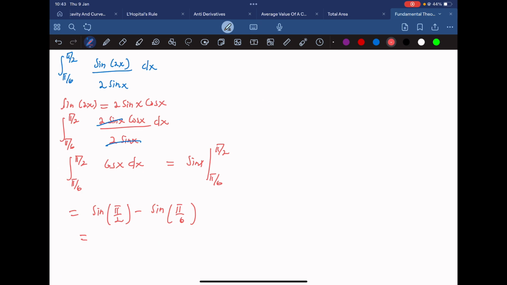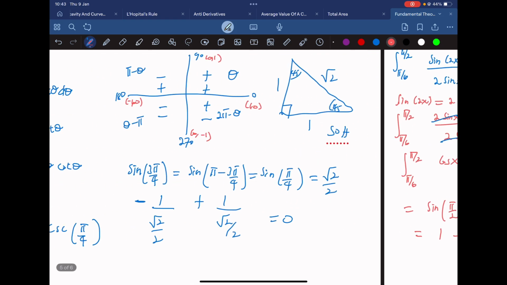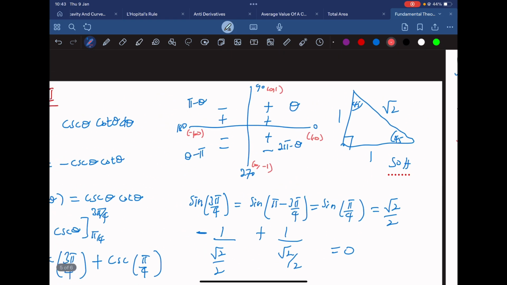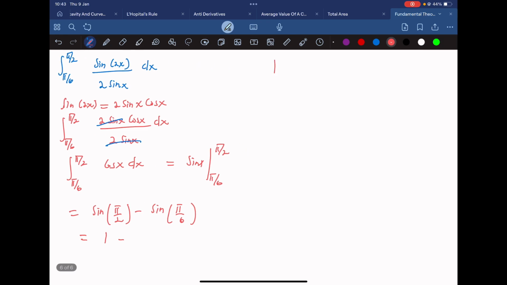So sine pi over 2 is 1 minus, now sine of pi over 6 over here, we can use the reference triangle. So this is our 60 degrees, this is our 30, which is just pi over 6, and this is our 90. And we have 1, 2, and root 3 from our previous video.